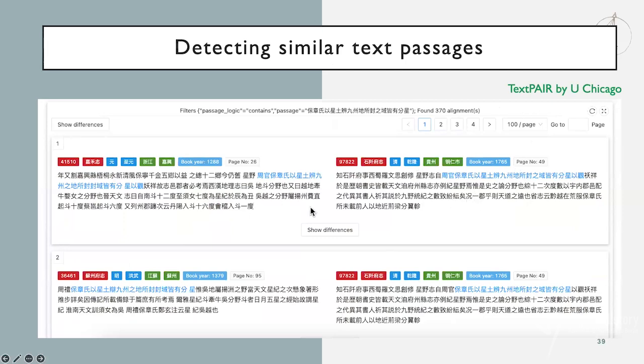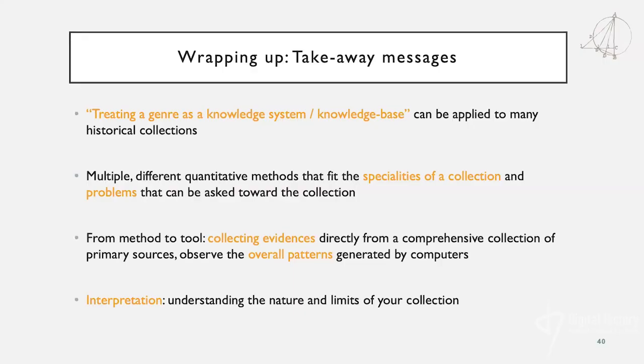We put some text in, and the interface shows us similar passages, and they are not identical. Left and right, they are not identical, but it finds them. But we are still trying to find a more efficient way to digest, because it finds a lot, and we need to make the results useful.